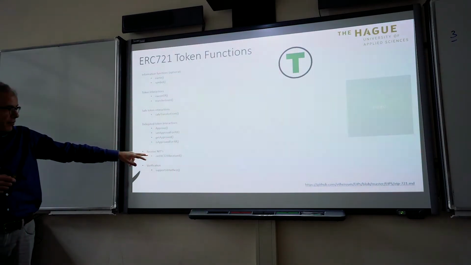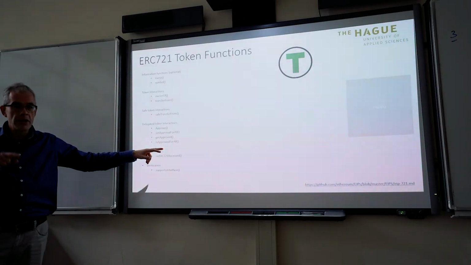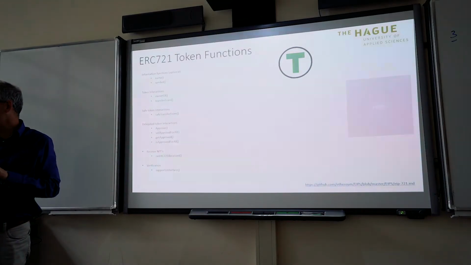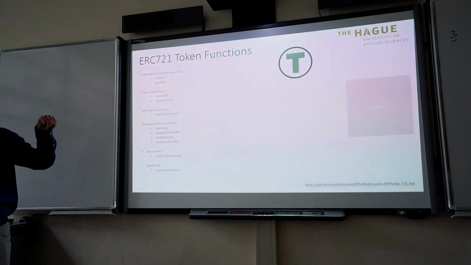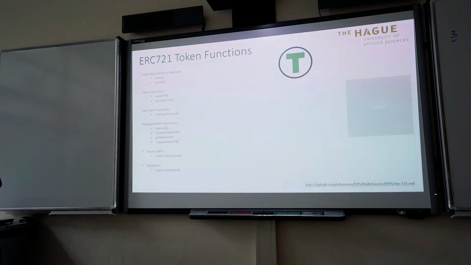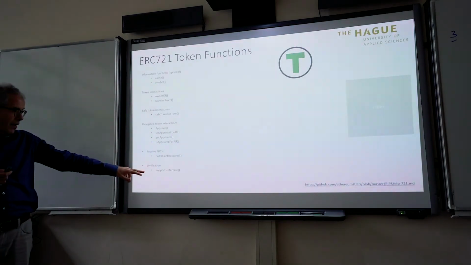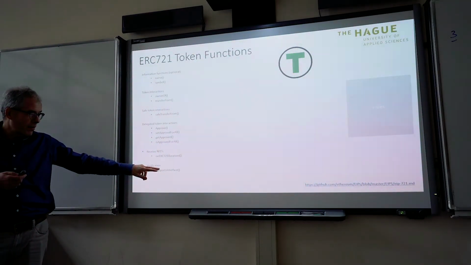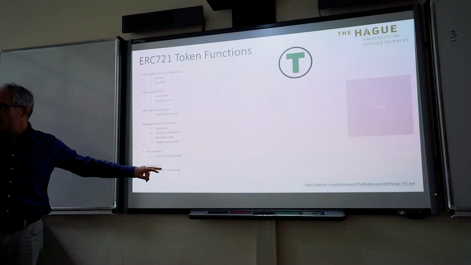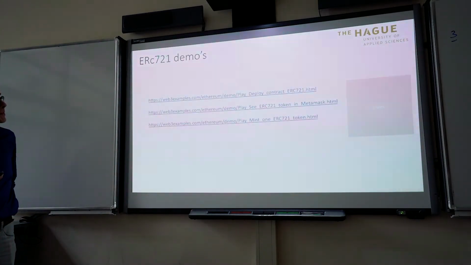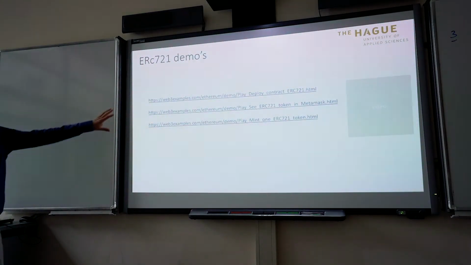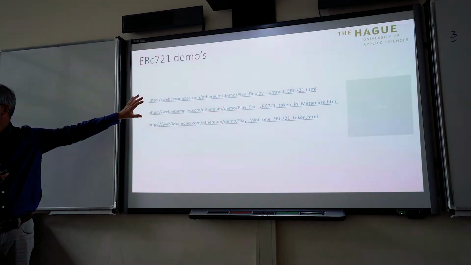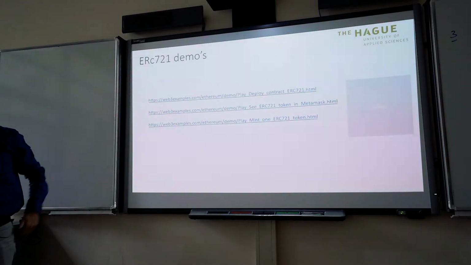And here we have the function which is supposed to be on the receiving end of the contract. And I'll show that later on. And the call for to see which interface is supported. I've also made a couple of demo videos which you can look to double check how things work.